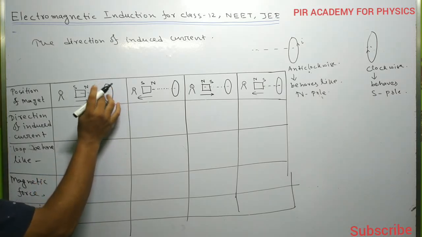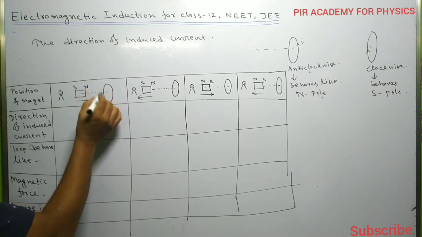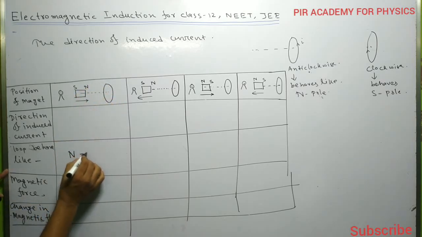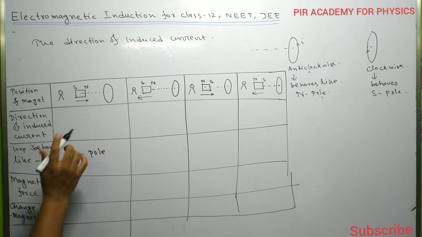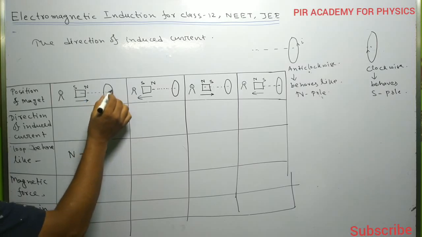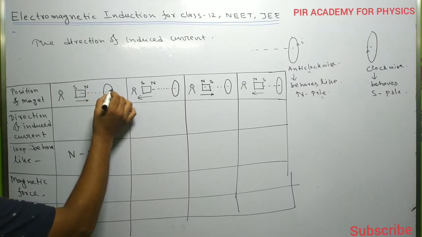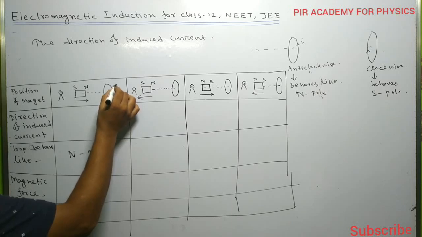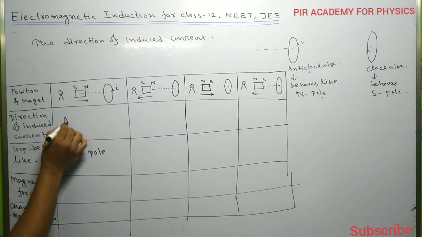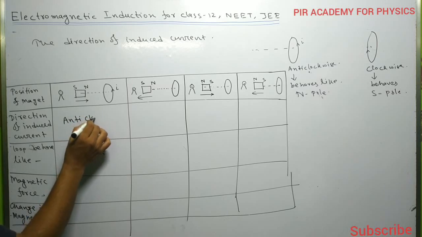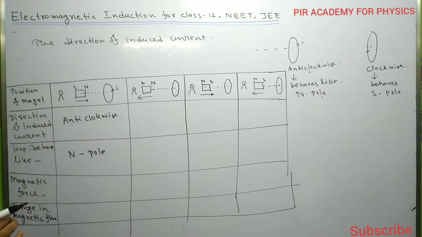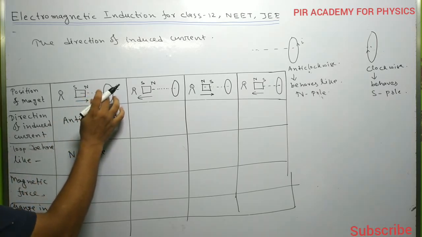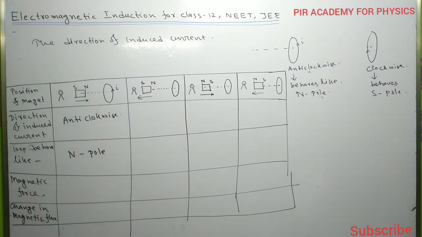So this loop must behave like a north pole according to Lenz's law. So the induced current must be anti-clockwise. That means along this direction the induced current must be anti-clockwise, because when the induced current moves anti-clockwise, this loop behaves like an N pole.